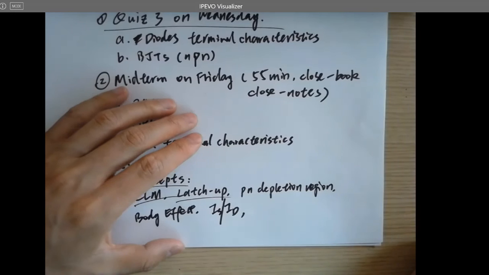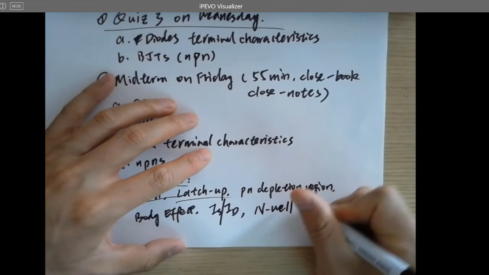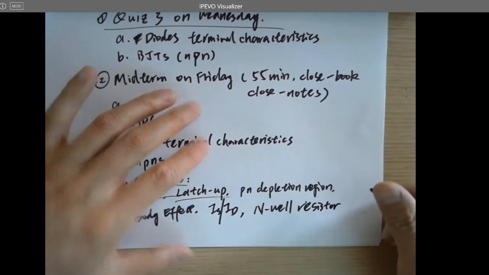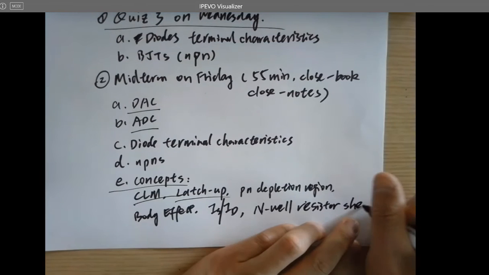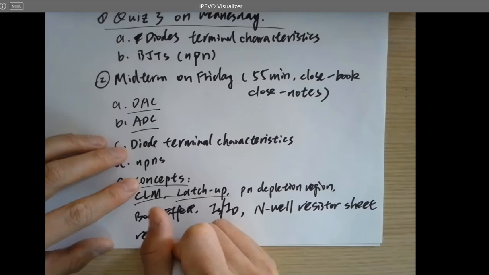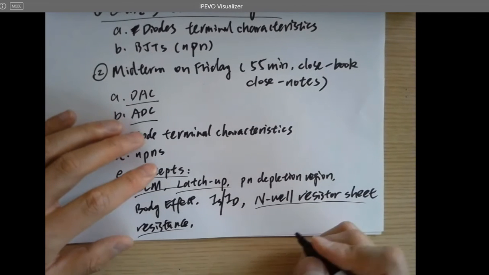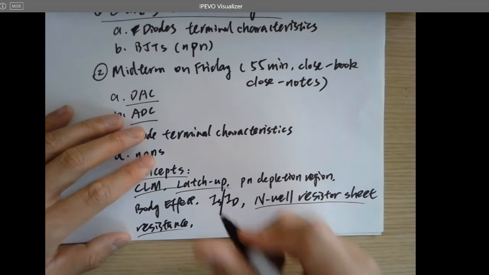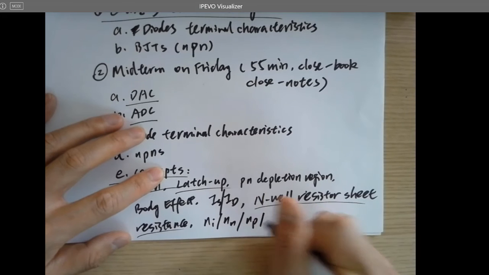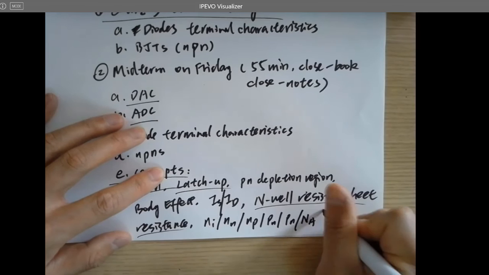And the N-well resistor, sheet resistance, why it is a constant, and Ni, Nn, Np, Pn, Pp, Na, Nd.